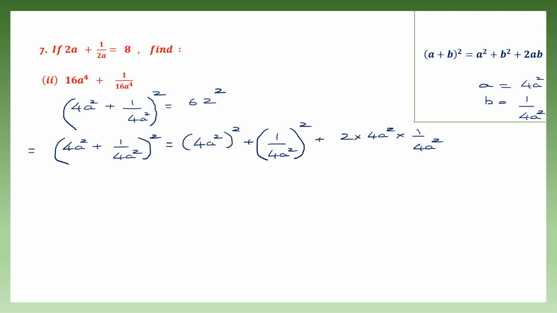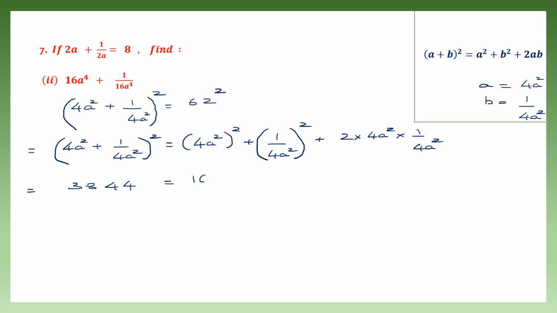Now let's simplify. So here we have 4a square plus 1 by 4a square is equal to 62 square. That is 62 into 62, which is equal to 3844.